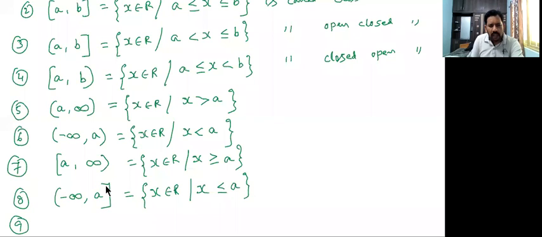Now last but not least, the open interval minus infinity comma infinity. Minus infinity to infinity means all real numbers. Open interval minus infinity comma infinity. This is the difference between open and closed.